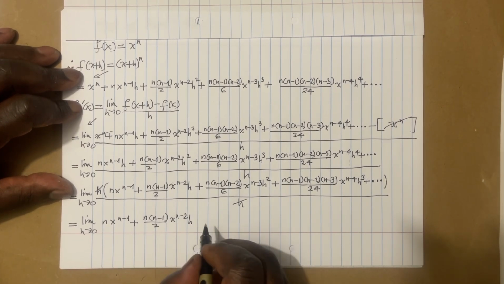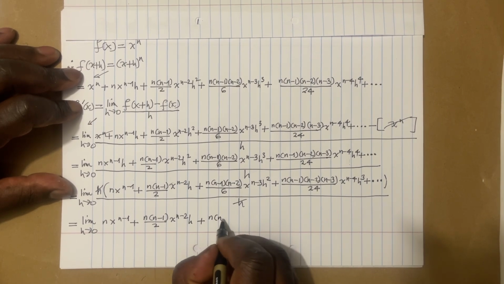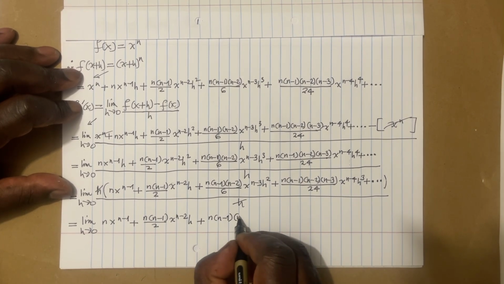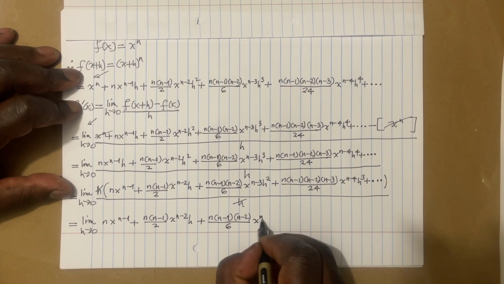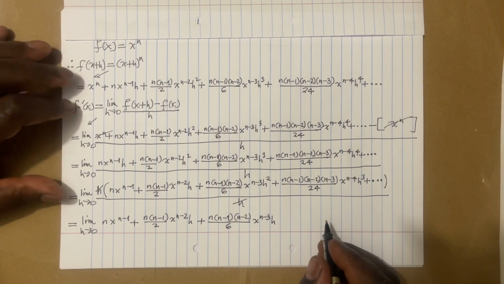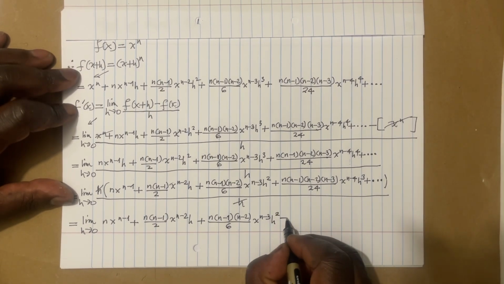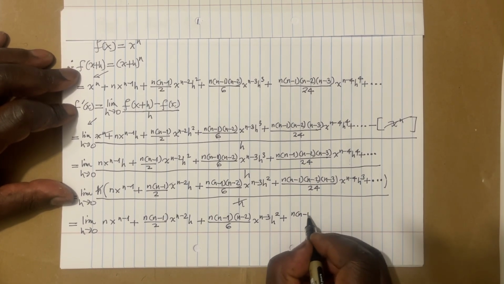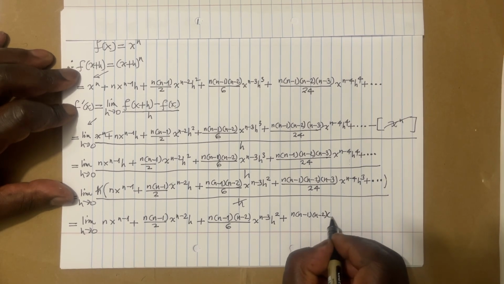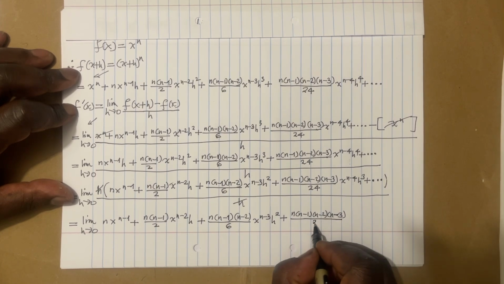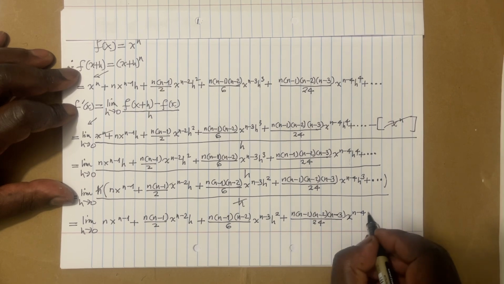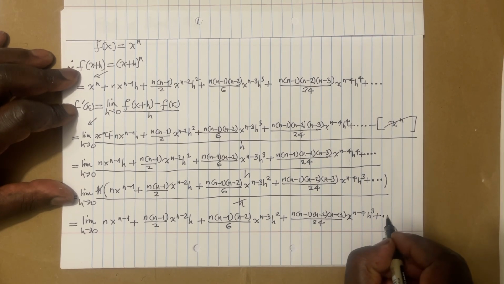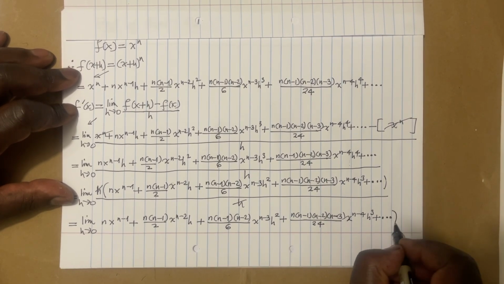Remember, we're left with h there now, plus n minus 1, and then we have n minus 2 all over 6, and then x power n minus 3, h power 2, that's the term we have there, plus n minus 1, n minus 2, n minus 3, all over 24 of x power n minus 4 and h power 3 plus 1, 2, 3. This is what we have left.